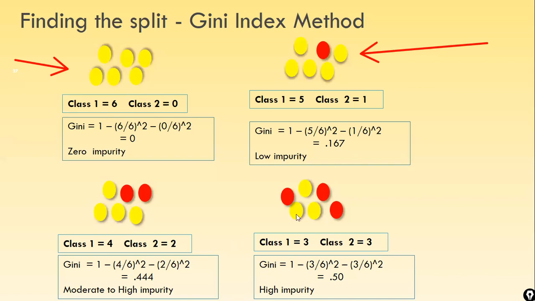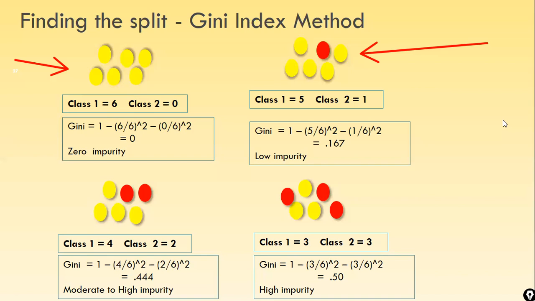And here, 50% of the balls are class 1 and the remaining 50% are red balls, so an equal split. Hence we can see high impurity. In this case, whichever node has the lower Gini value, that one will undergo the split.